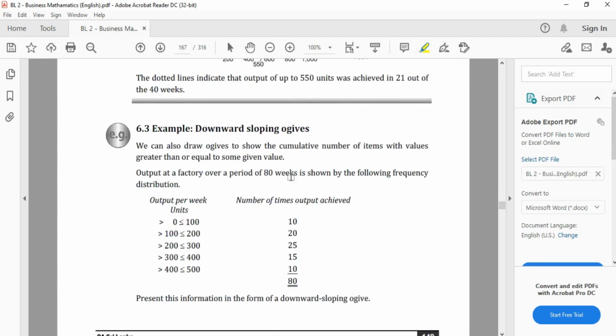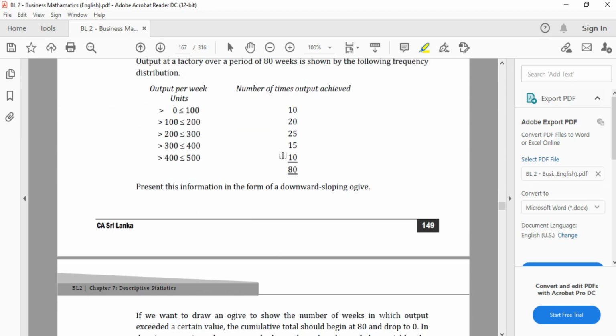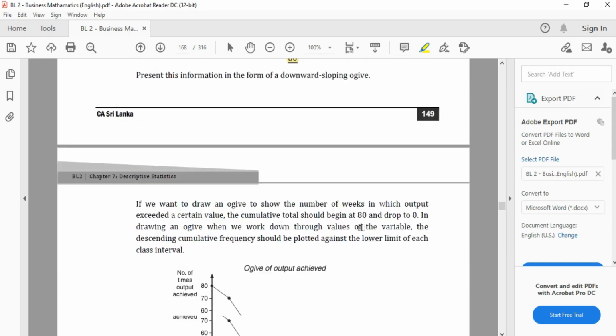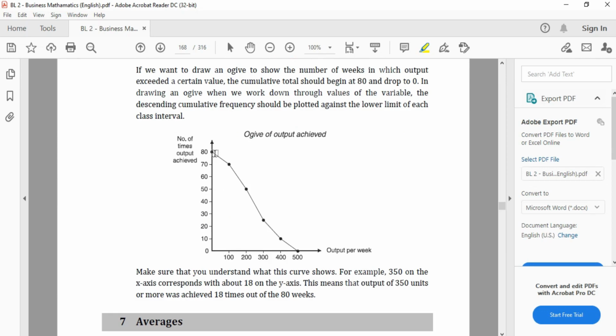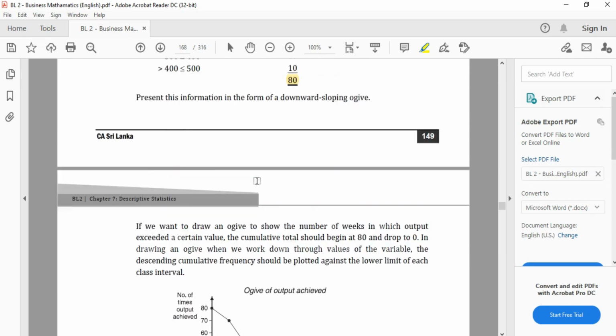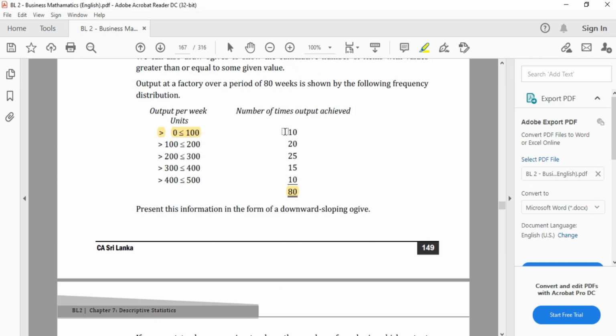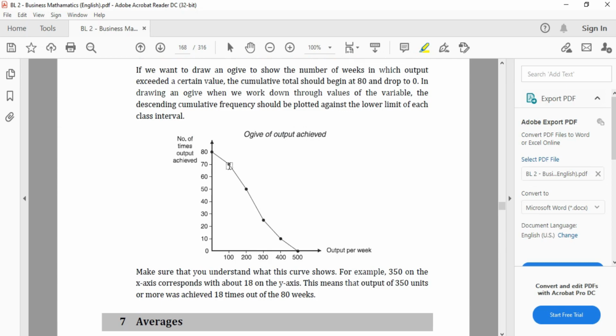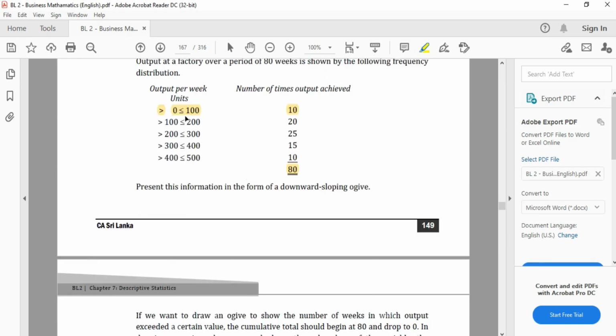So let's look at downward sloping ogives. You create this by marking these frequencies in a downward way, starting with 80. So at 0 they marked 80 here, and then the first set is 10, the number of times output was achieved. So 80 minus 10 is 70, which they marked for the upper limit of 100.